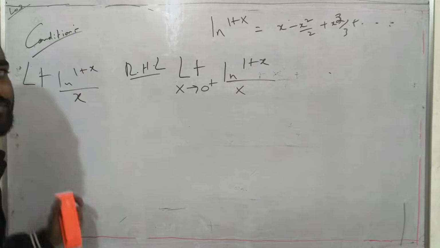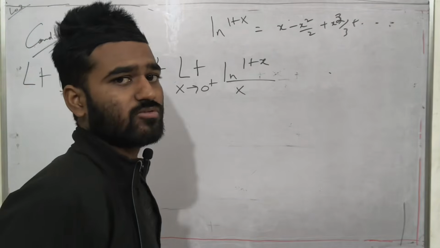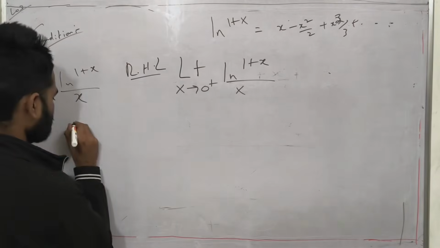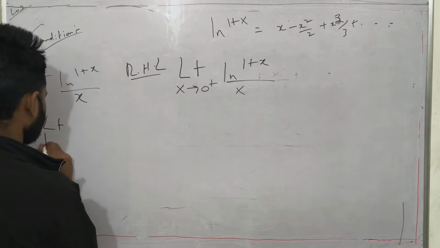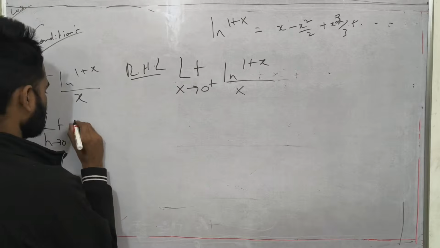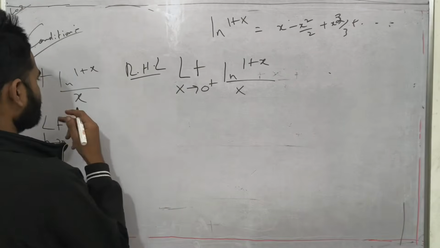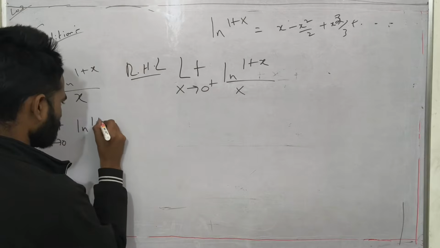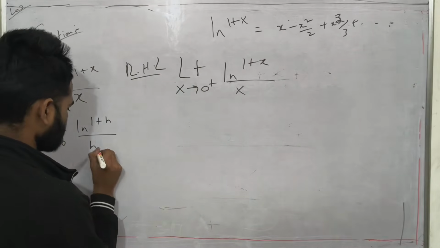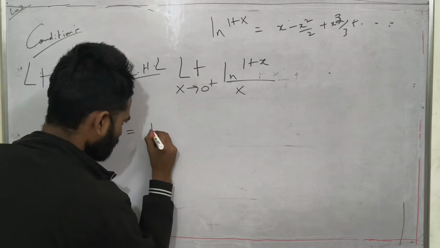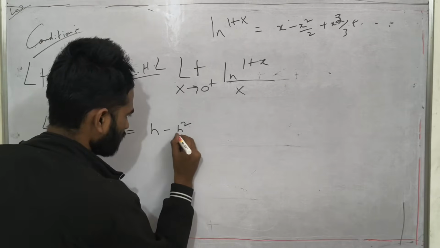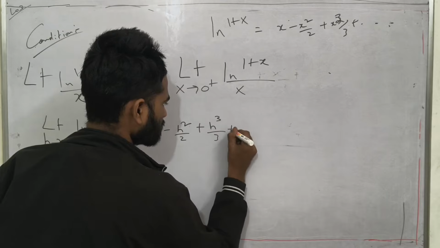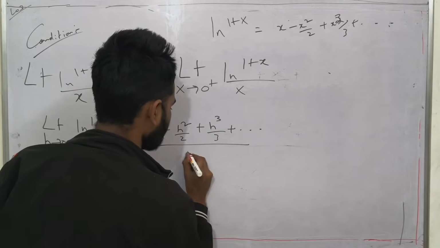Limit x tends to 0 of ln of 1 plus x by x equals limit h tends to 0 of f of h, so ln of 1 plus h by h equals h minus h square by 2 plus h cube by 3 plus so on by h.